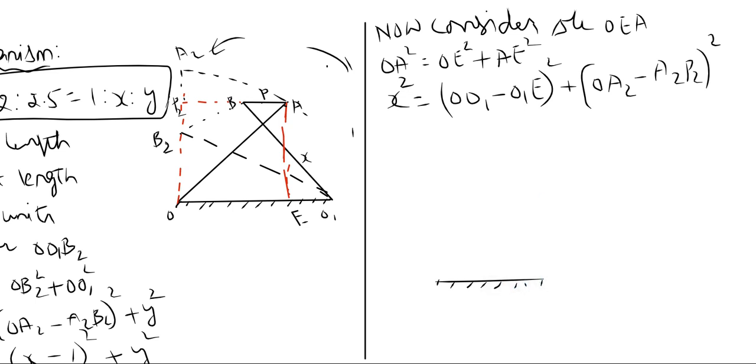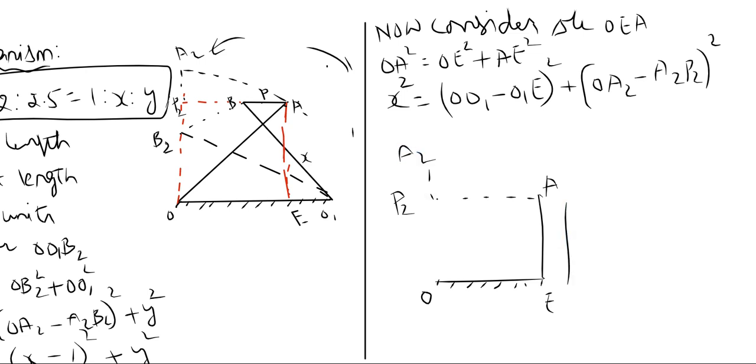This point is A and E point, and when we extend this line, this point will be P2, and next this will be O, and there is another point A2.